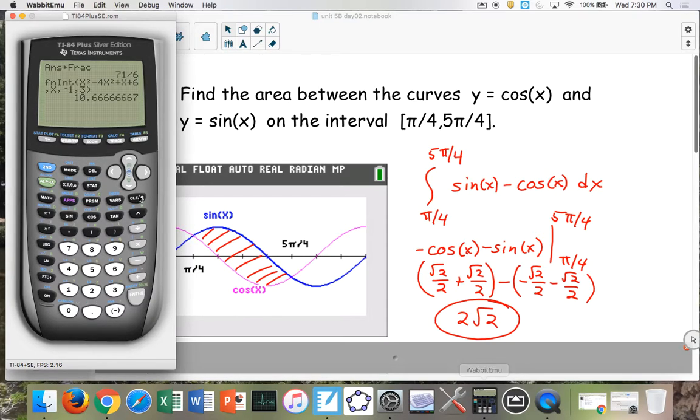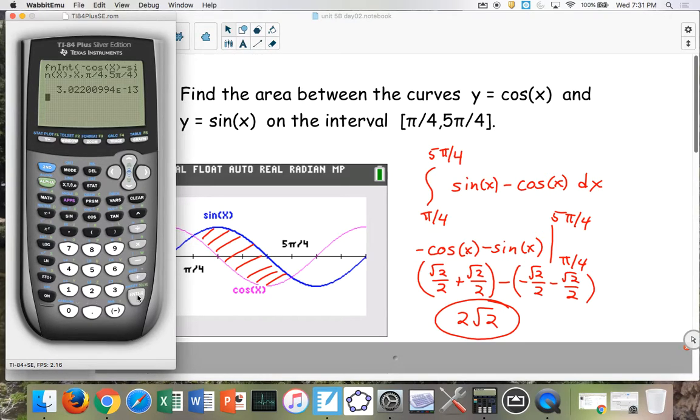Let's check on the calculator. fnint with respect to x from pi over 4, 5 pi over 4, I'm sorry. Which does not look correct.